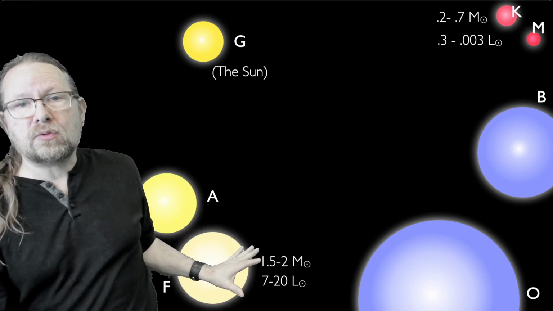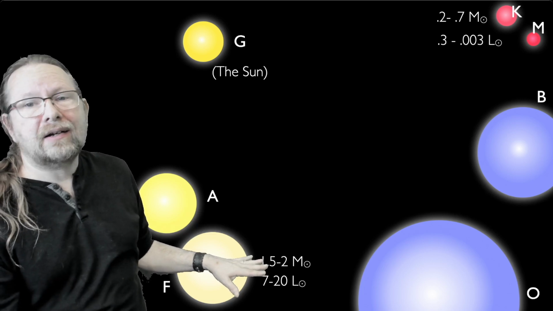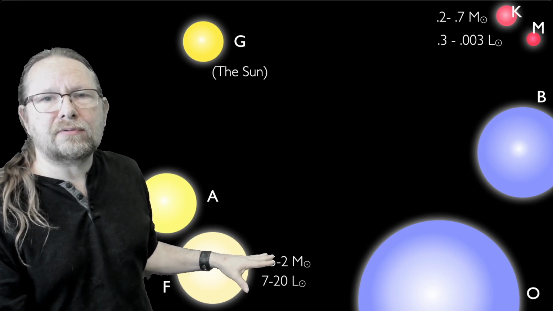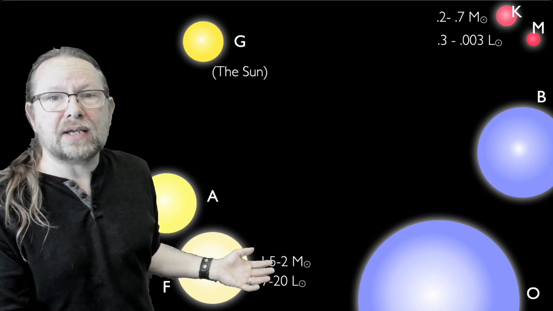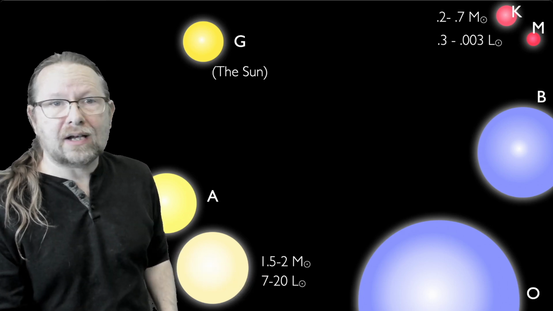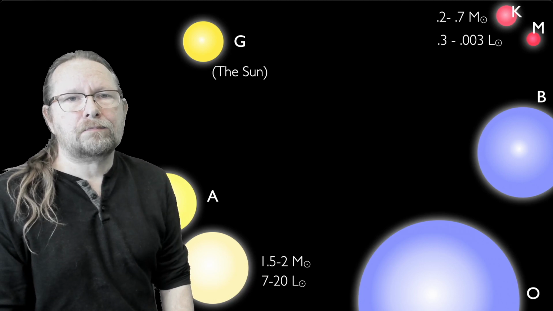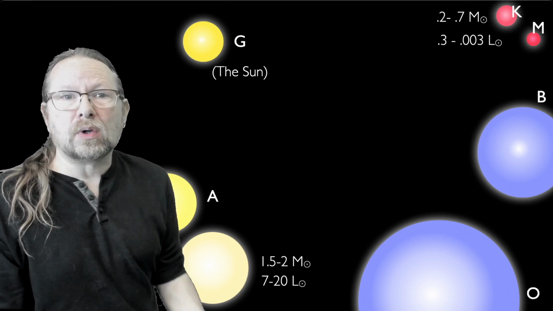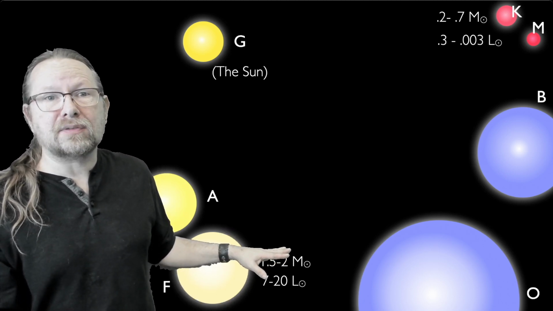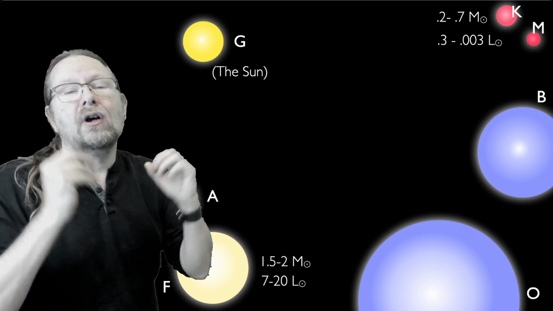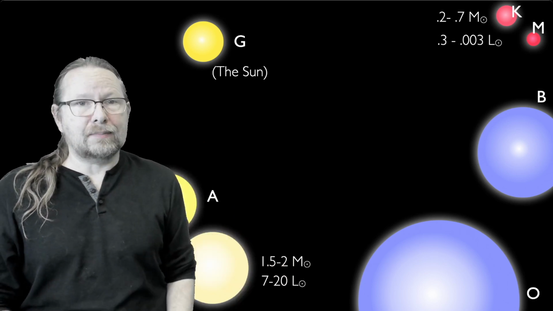A and F stars, which are brighter than the sun, are not that much more massive. A bright F star might be twice as massive as the sun, but 20 times more luminous. So it's not a one-to-one correspondence. If you double the mass of a star, that increased pressure makes it 20 times brighter.